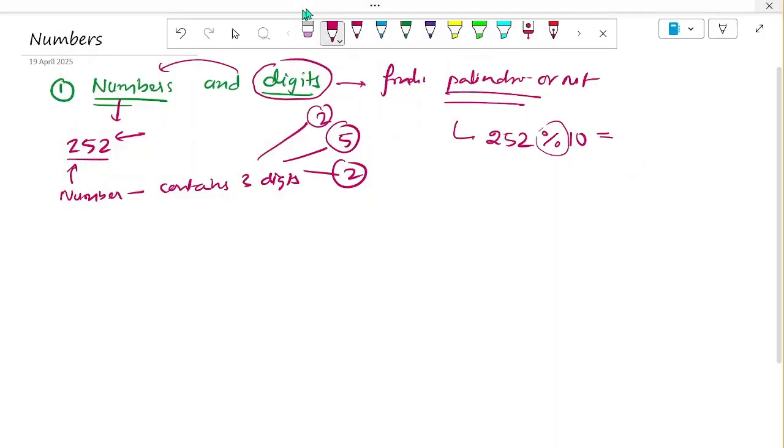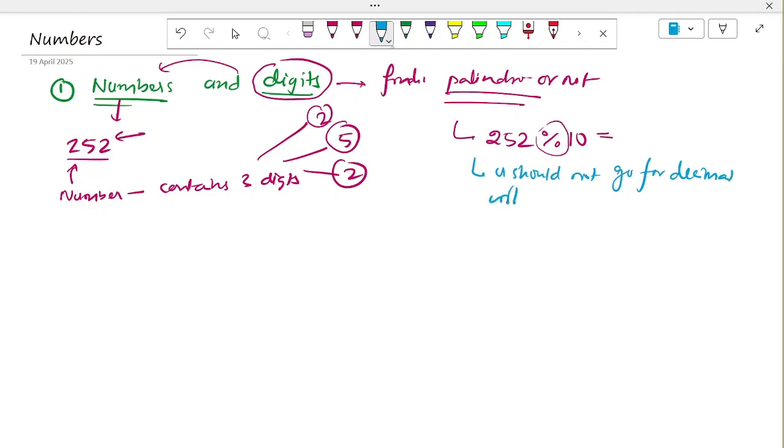And remember, there are students who don't know how to find the remainder. You should not go for decimal while finding the remainder.